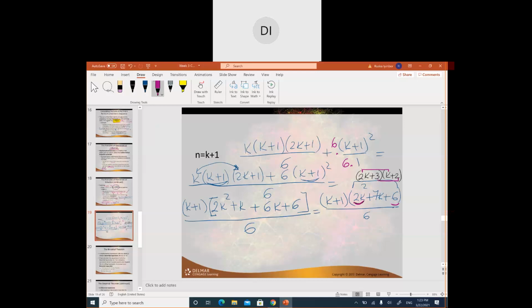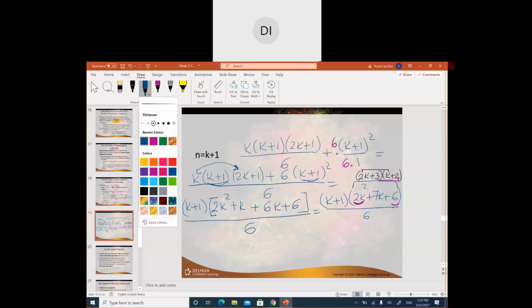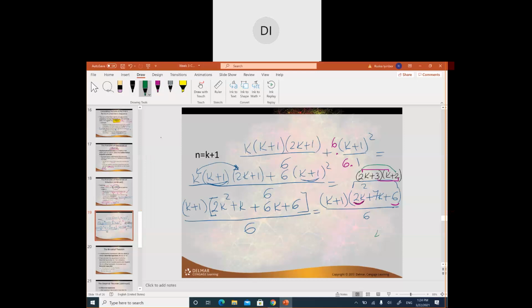And then when I multiply those two, let's use a different color. So when I multiply 2k times 2, it's 4k, right? And also when I multiply 3 times k is 3k. And when I add those two, it's going to be 7k. That's exactly what you get here, 7k, right? Everybody see that? So 2k squared plus 7k plus 6 is the same as 2k plus 3 times k plus 2.